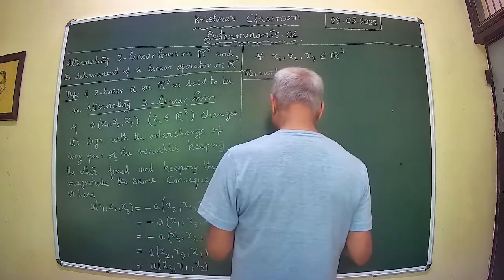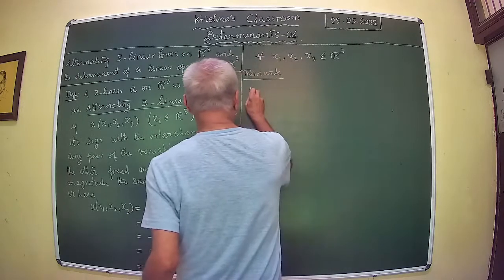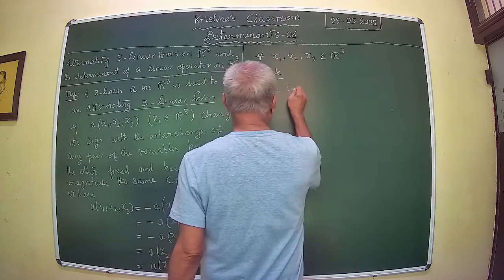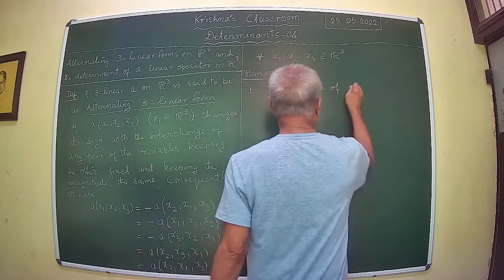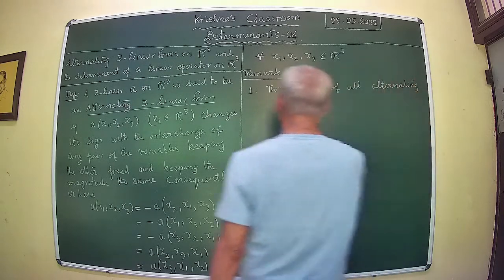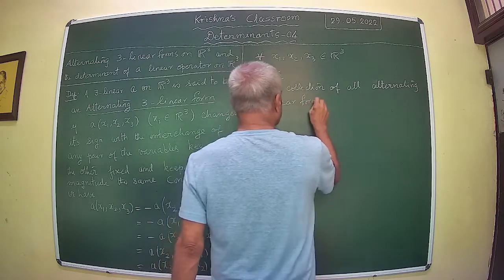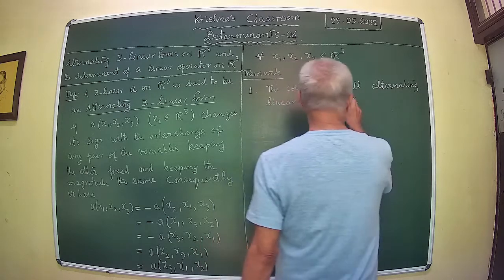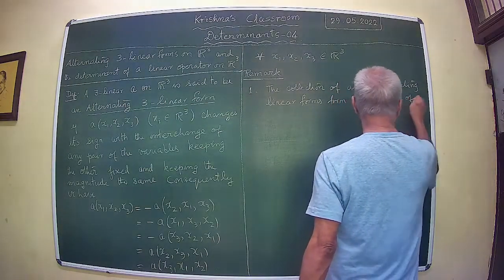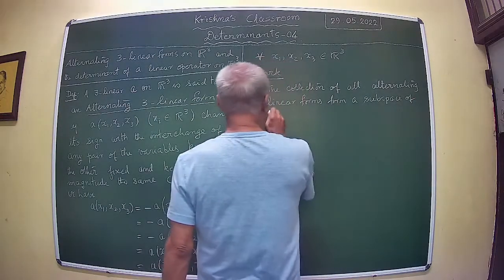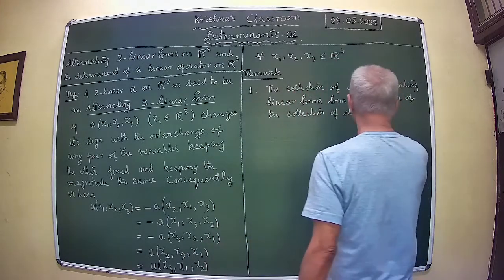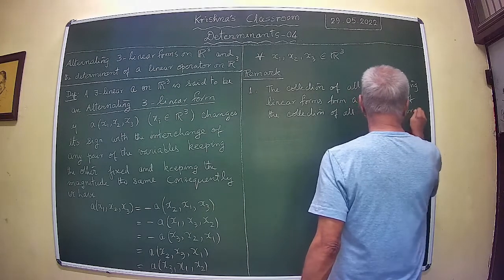Now, we make some remarks. One, the collection of alternating three linear forms is a subspace of the collection of three linear forms on R3.